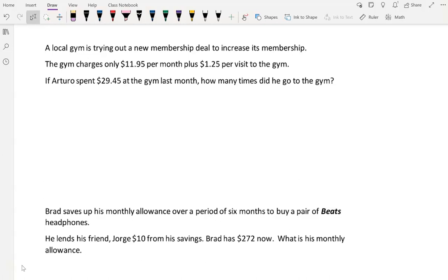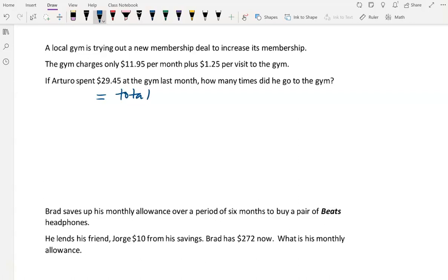Well, I'm going to share with you my strategy for writing equations when it comes to real-world scenarios. The first thing I'm going to do is write an equal sign. On one side of my equal sign, I always like to put down the total.